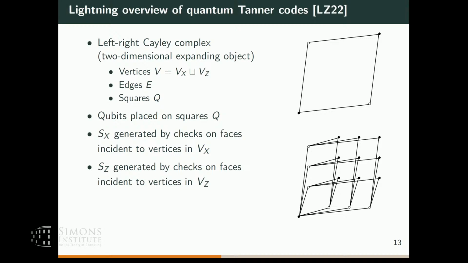And all of the Z-type checks are going to have support on some subset of these qubits. I didn't specify exactly how that is done, but it's going to be determined by some local classical code. And if that code is chosen to have some robustness conditions, and also the left-right Cayley complex is sufficiently expanding, then it was shown that this code will have a linearly scaling dimension and linearly scaling distance. So it gives an asymptotically good code.